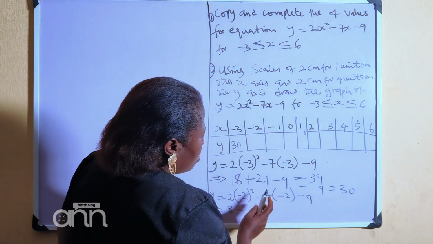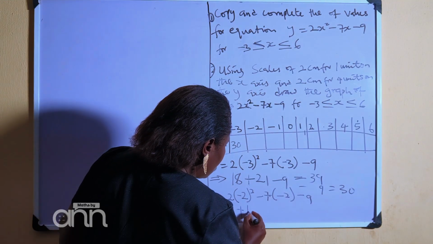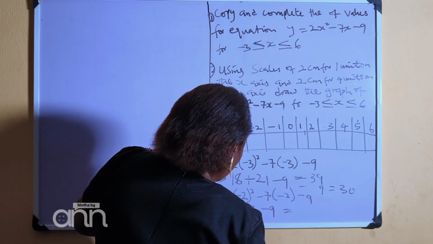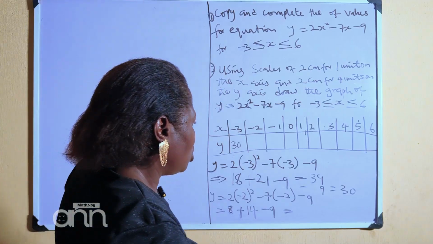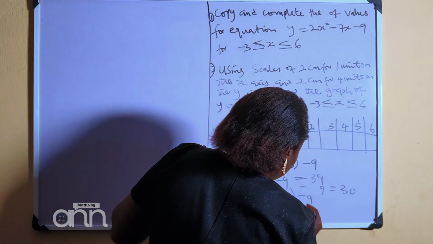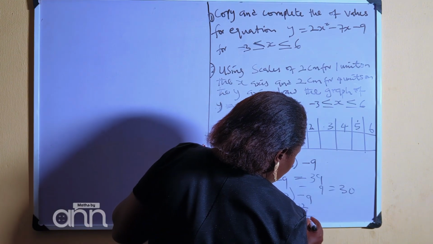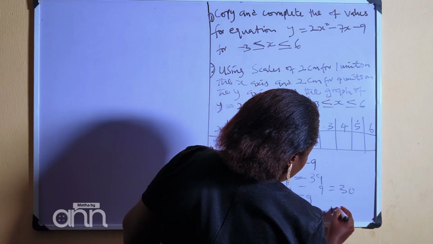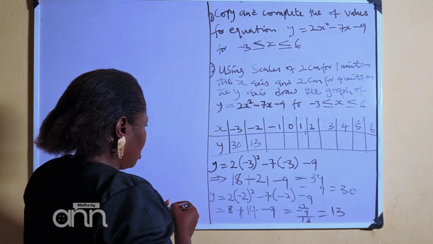Minus 7 multiplied by minus 2 is plus 14, minus 9, which is equal to 8 plus 14 is 22. 22 minus 9 is 13. The figure here is 13.